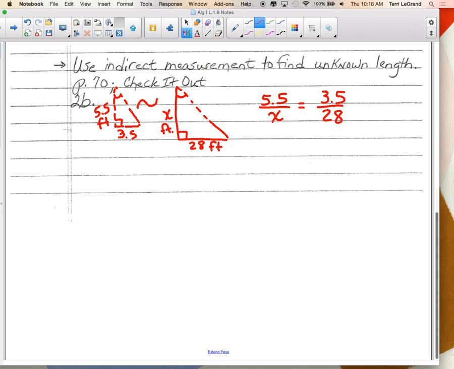Okay, here we're comparing the height of the girl to the height of the building, and the shadow of the girl to the shadow of the building. Good comparisons? That would be one way we could do it. These are corresponding sides. Let's go ahead and solve it because we're running out of time. We could show other ways to do it, but we're going to get our proportions solved. You go ahead and do it, and I'll try and do it right this time.